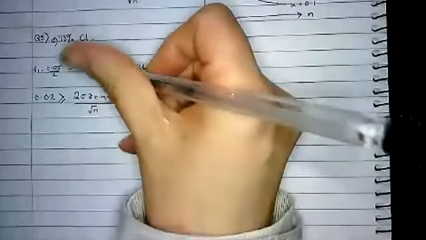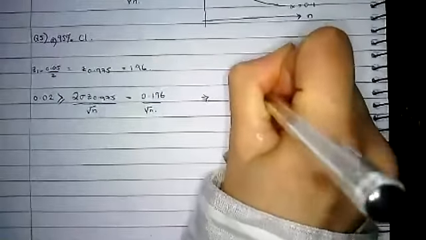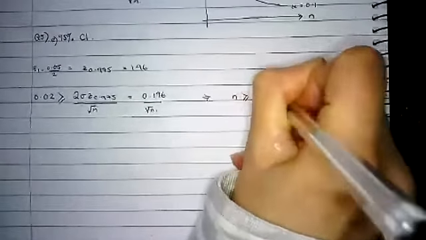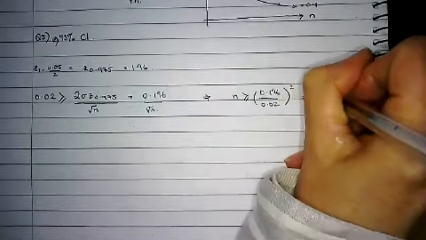So if I plug everything in that I know, and rearrange for n, that implies that n is bigger than 0.196 divided by 0.02, and all of that squared, which takes the value 96.04.